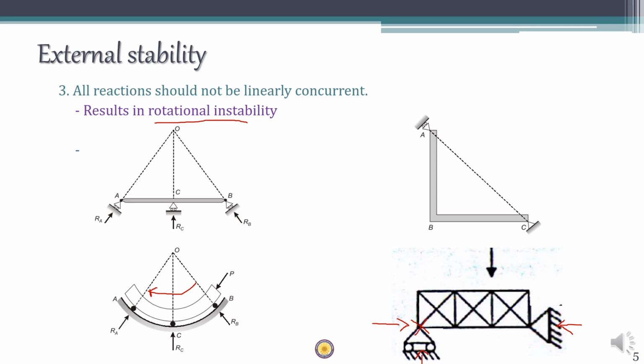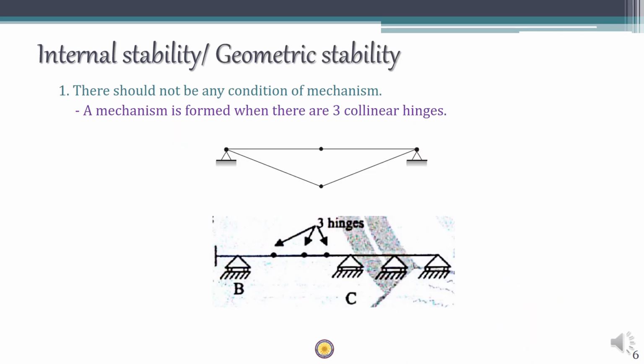In this case, we have only one vertical reaction at the roller, and there are vertical and horizontal reactions at the hinge. So in this case, all the forces are not concurrent, because this force is going somewhere else. So this is not an unstable structure.